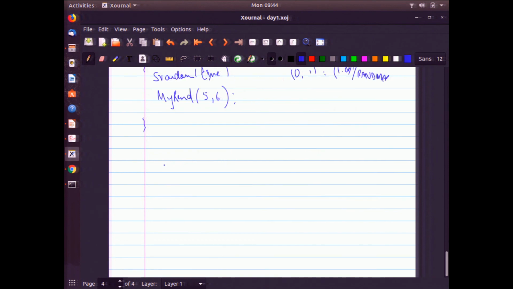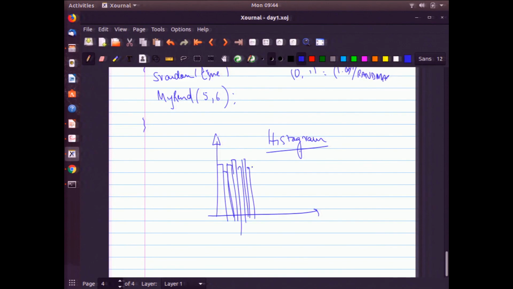Okay, so now let's say I repeat this 1,000,000 times. I generate 1,000,000 random numbers with my rand, and then I plot a histogram of the 1,000,000 numbers. Then what I would get is something like this, right?